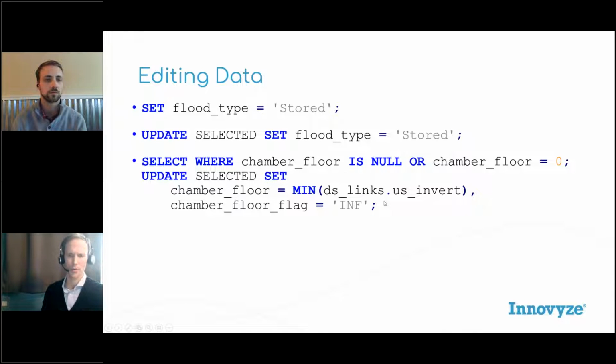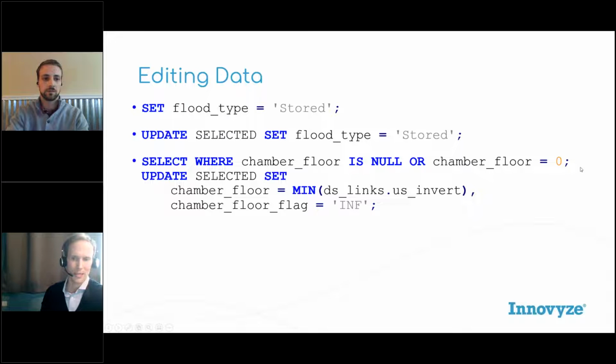Here's one example that's useful in real life. So here we're going to select nodes that have a missing chamber floor, at basically the invert elevation. So select where chamber floor is null or chamber floor is 0. These are 2 different cases where you're missing the data.